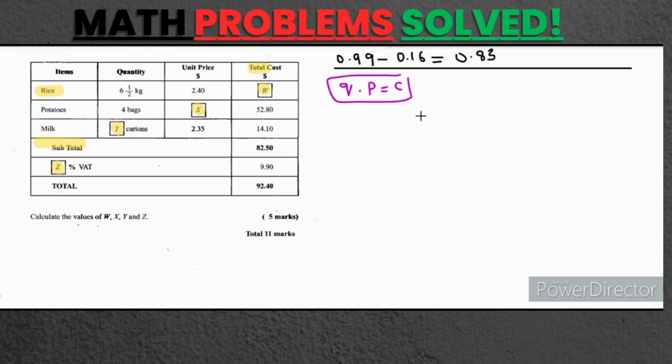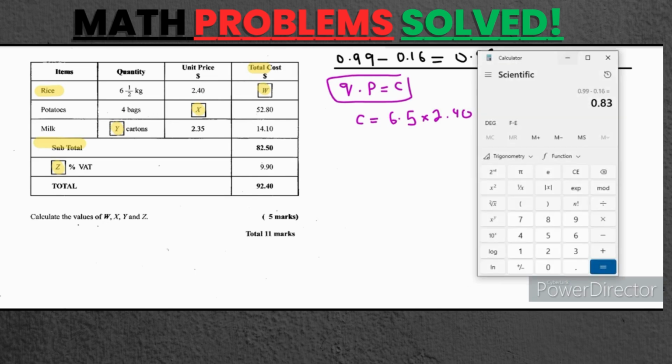So in the first row, quantity and unit price are given, and we just have to calculate the total cost. So total cost will be just the quantity times P. What's the quantity? That is 6.5. Times 2.40, right?